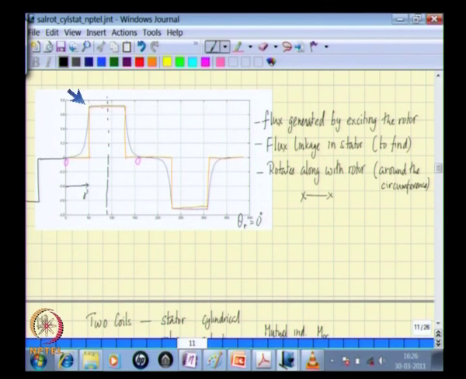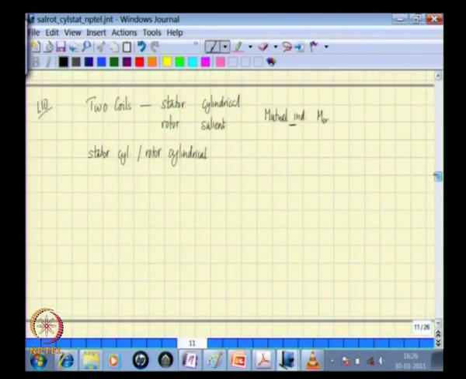Now it would be B average multiplied by the area, which will be the flux linked, and as this waveform moves you can then determine how much flux still links this. A similar approach could be followed here as well, but this time we will take a different approach.